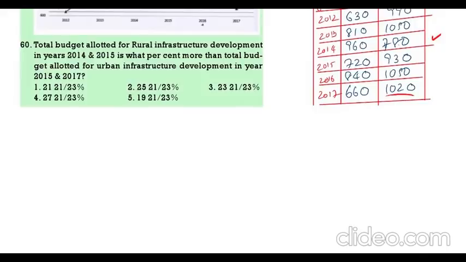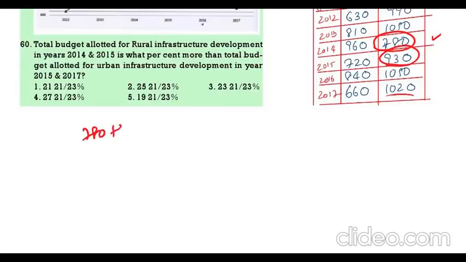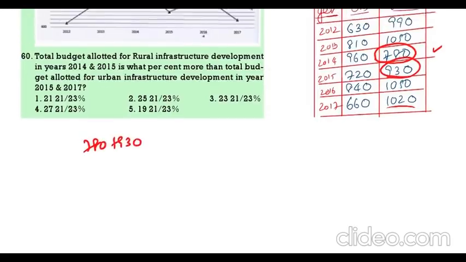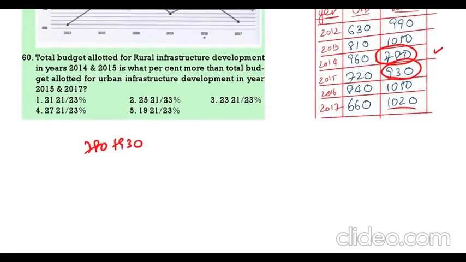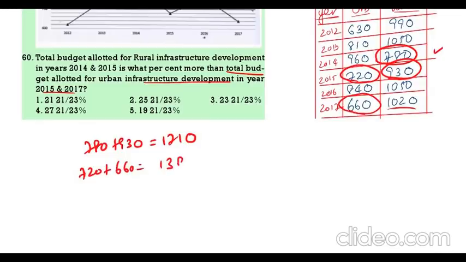So 14, 15 rural: 780, 930. 780 plus 930 is 1710. Total budget urban in 15 and 17: 720, 660. 1380. So this is how much more than this? 1710 and 1380. What is the difference? 330. 330 is the more.